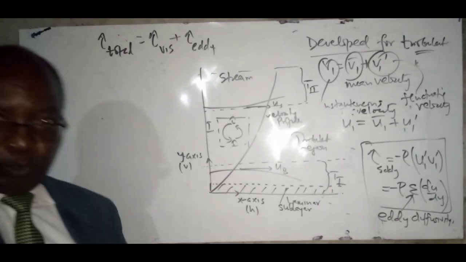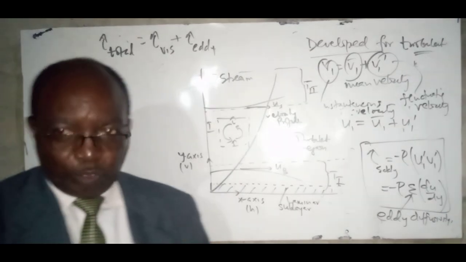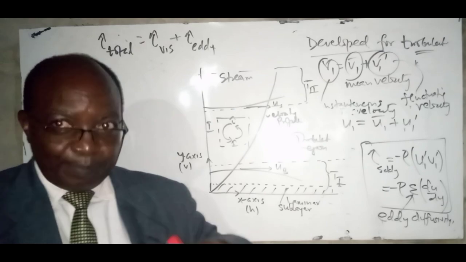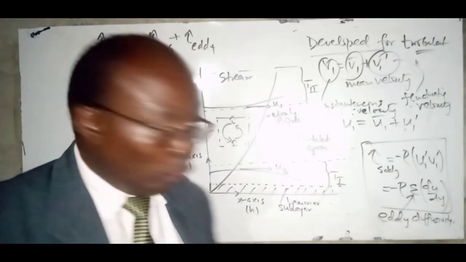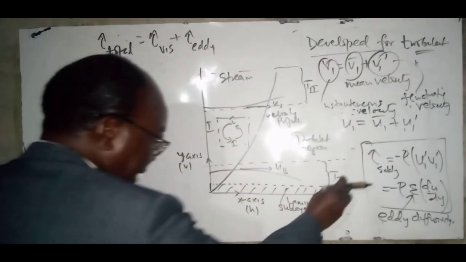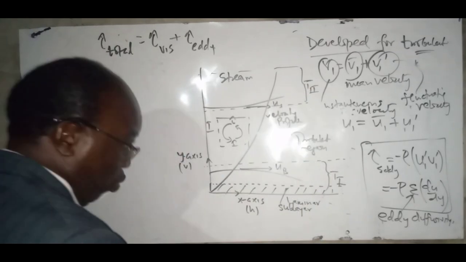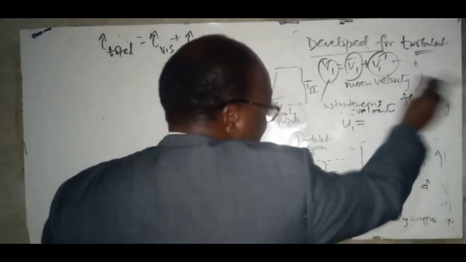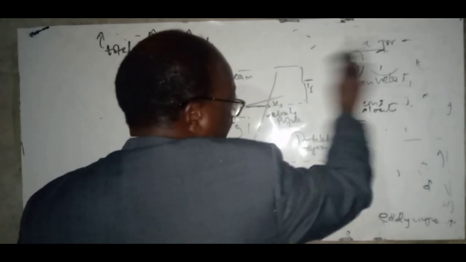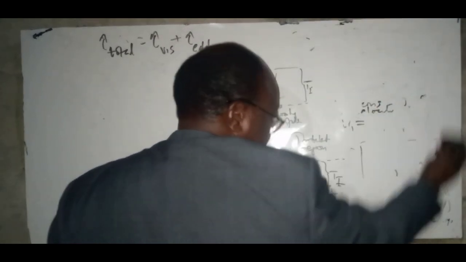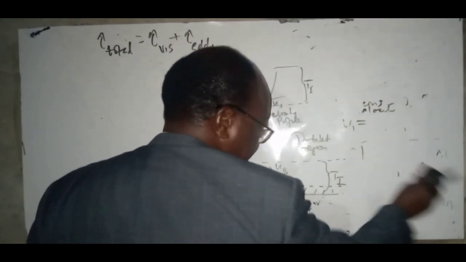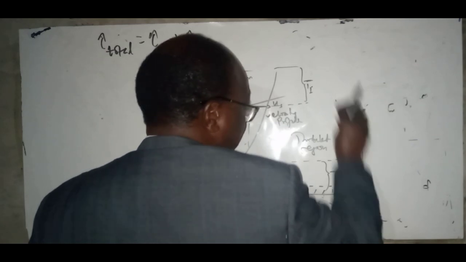And one of the concepts which I've always said is that for heat to be transferred, there must be a temperature differential. So if we assume that the temperature next to the wall is higher than the temperature T2, let us put that down.